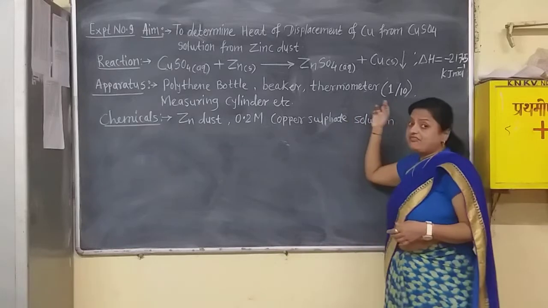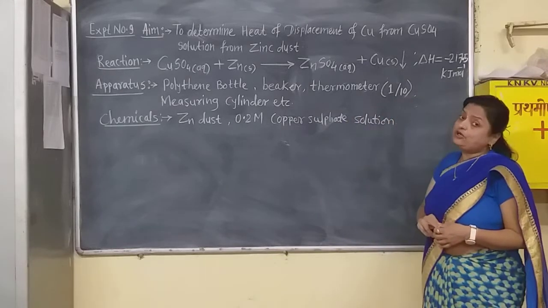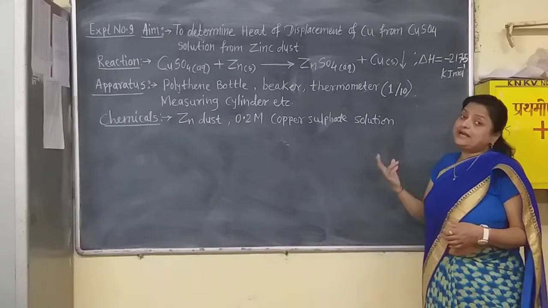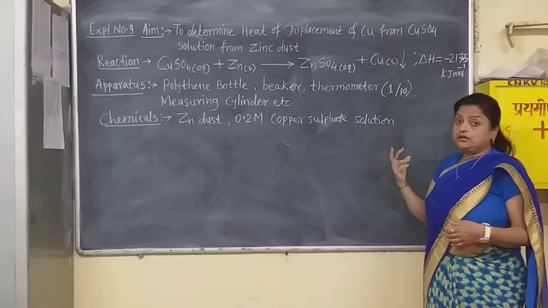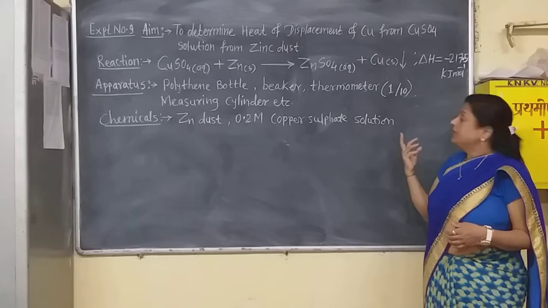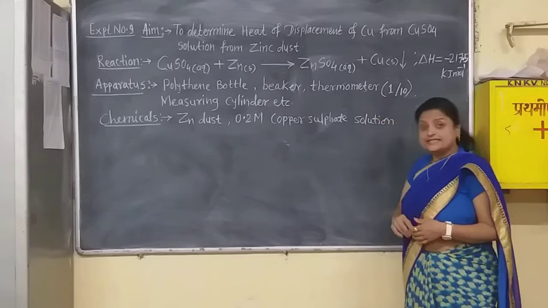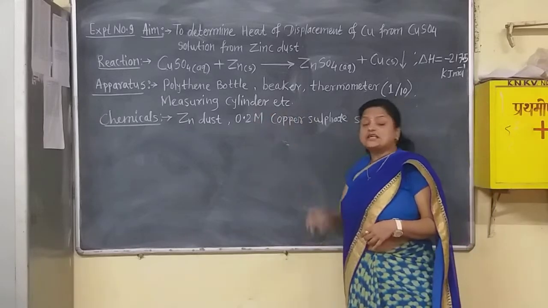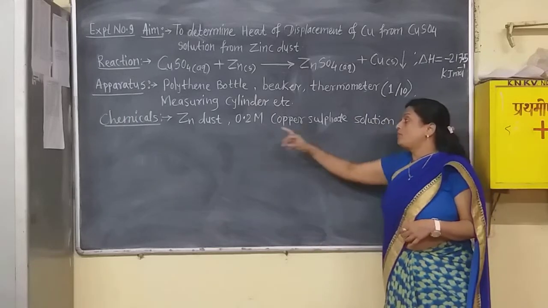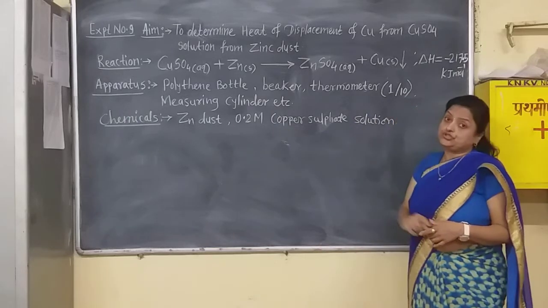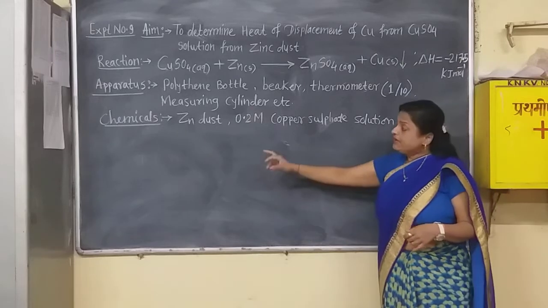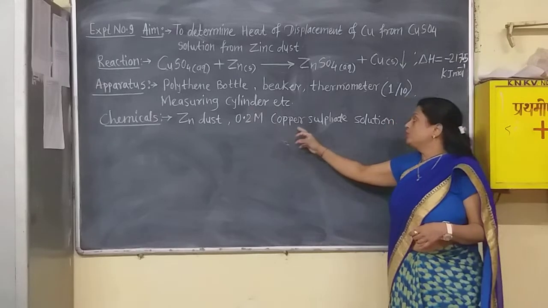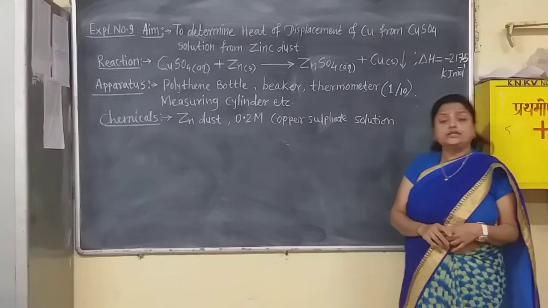Then a 1/10 thermometer, the same as in the last practical, the dissolution of copper. A measuring cylinder to measure the 25 ml of 0.2 molar copper sulfate solution is also required. The chemicals are the zinc dust and 0.2 molar copper sulfate solution. These are the only chemicals.